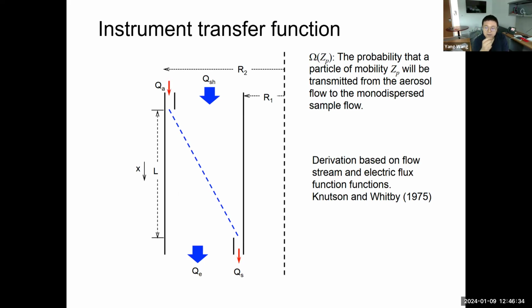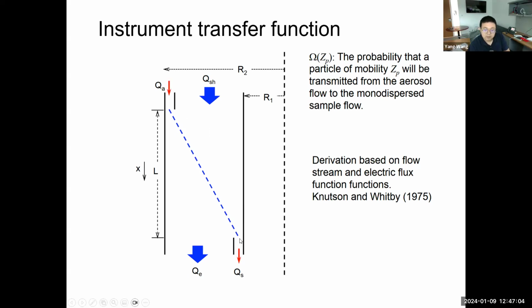So it may sound a little bit complicated, but imagine, for example, that we give a certain voltage, let's say 1000 volt, onto the center electrode, and we're trying to classify particles of different sizes or different mobilities. You can think that most of the particles will not get classified, right? Because their size just won't match this specific size. But around that specific size that corresponds to 1000 volt, the particles will get classified.